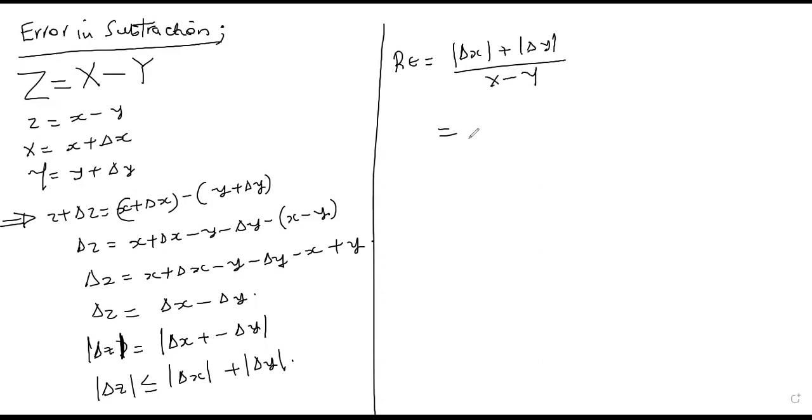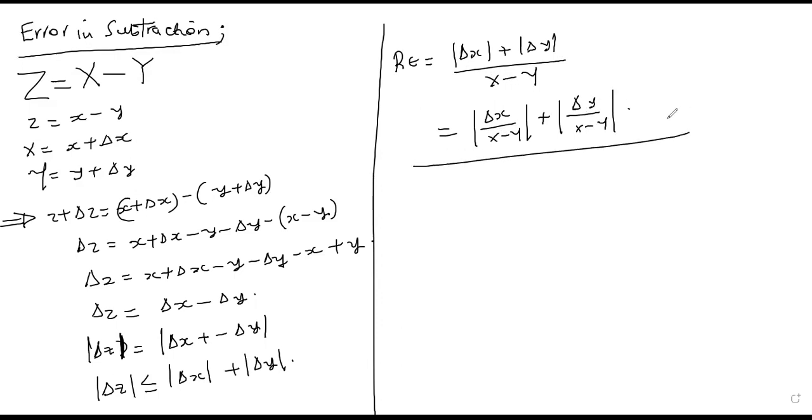And this one we can split further and say delta x over x minus y plus delta y over x minus y. So this is okay. Of course, questions are going to be done. We are going to see.